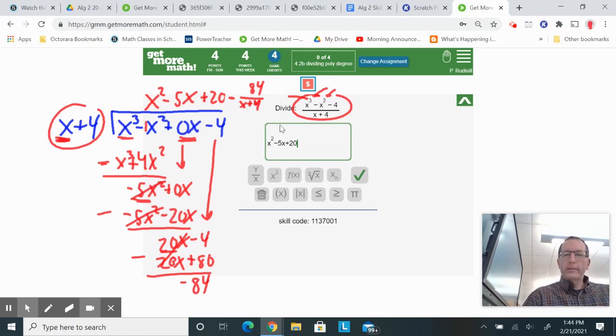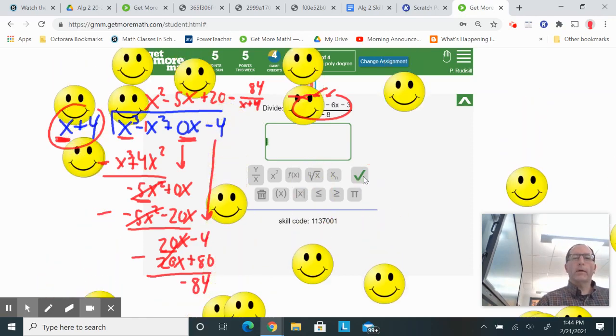Now I need a subtraction sign. And I want my fraction right there, so I'd have 84 in the numerator, and in the denominator, x plus 4. So I just double check that I have on my scrap paper what I have over here. Hit the check mark.